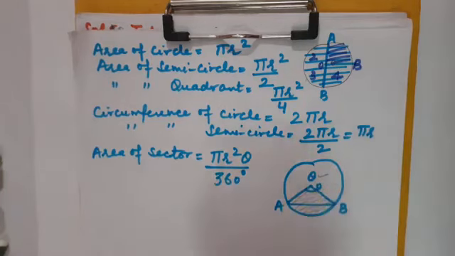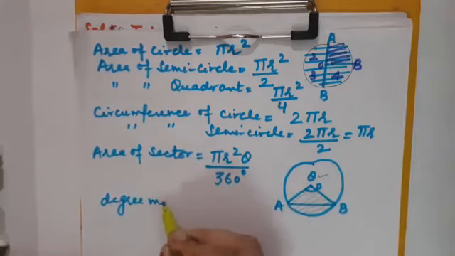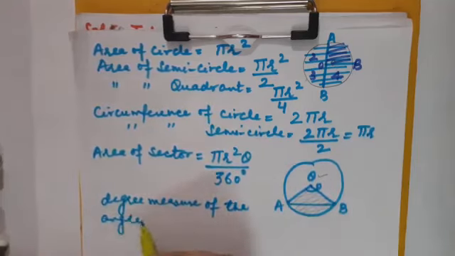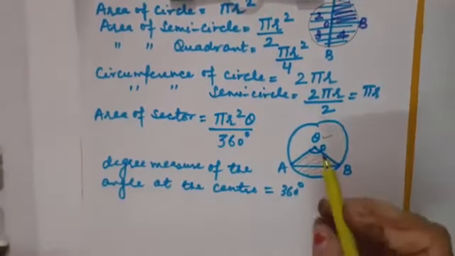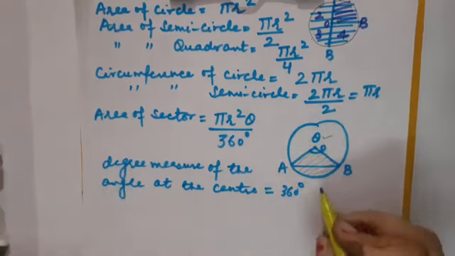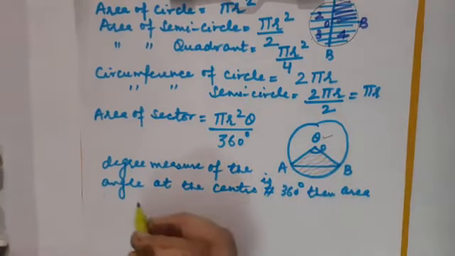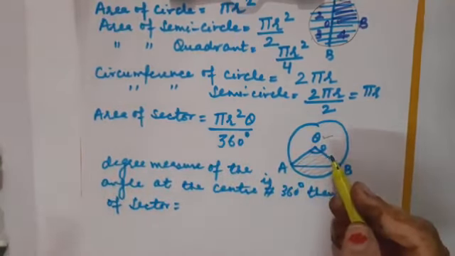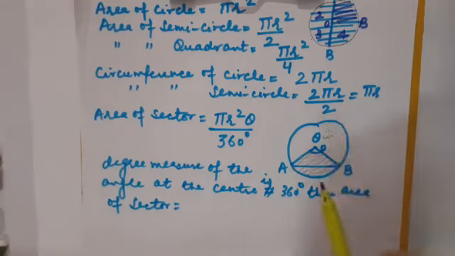Correct. Now we will be applying the unitary method. When the degree measure of the angle at the center is equal to 360 degree, then the area of the sector is, when I consider that particular circular region, because you know that the circle is nothing but the complete round, meaning a 360 degree angle is formed, correct?